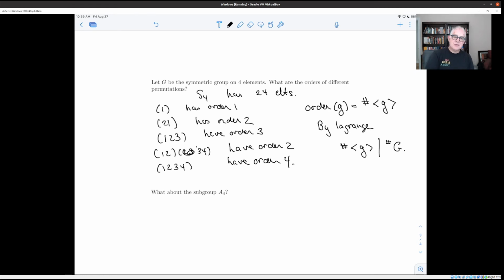And we saw one other interesting example of a subgroup of S4, which was the alternating group, the subgroup of even permutations.